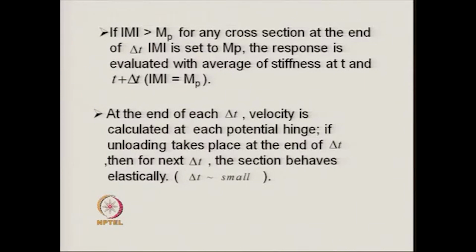We constantly monitor the velocities at the yield sections. These velocities could be the rotational velocity or the displacement velocity depending upon the kind of problem that we are solving.